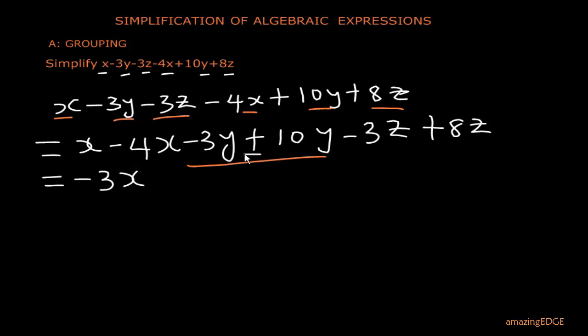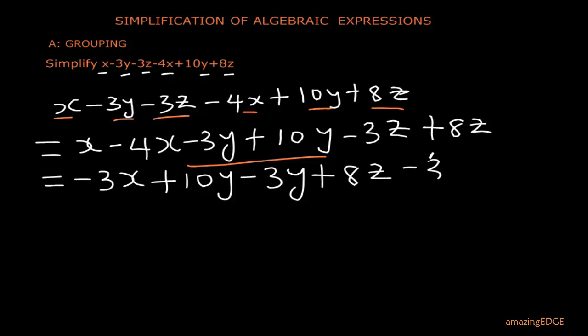Let's go with the addition first. So that will now give us plus 10y minus 3y. As you can see, I've written the one that involves addition before the one involving subtraction. So I will do the same thing here. So let me write plus 8z first. If I do that, that will give me plus 8z now minus 3z. So we're doing this to avoid confusion.